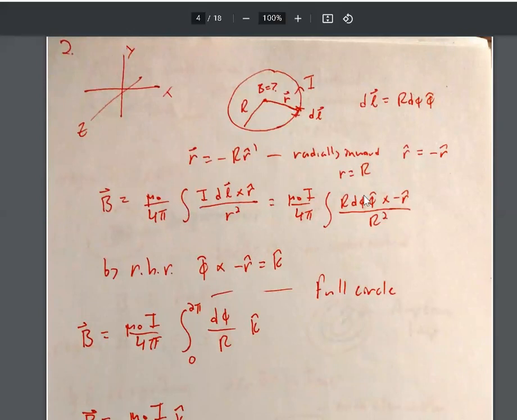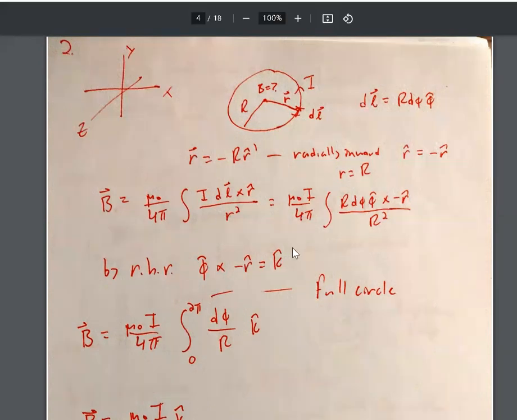All right, so if we plug all this stuff in, once again, this should be primed. Phi hat cross minus r hat is the z direction. We can see that just from the right-hand rule. If we point our fingers along the direction of the circle, anywhere around the circle, and then we curl our fingers toward the center of the circle, then our thumb points out of the page.